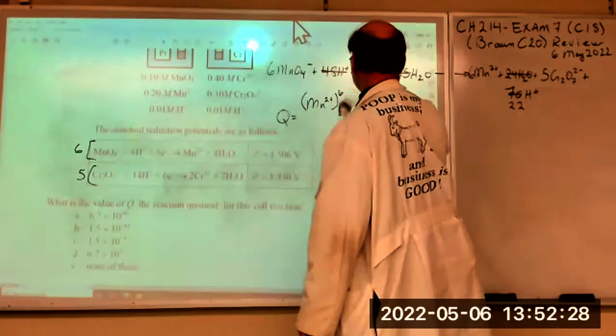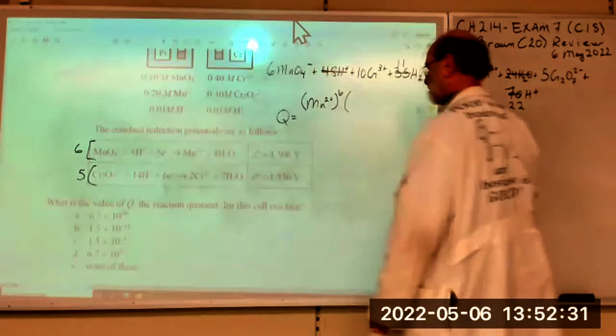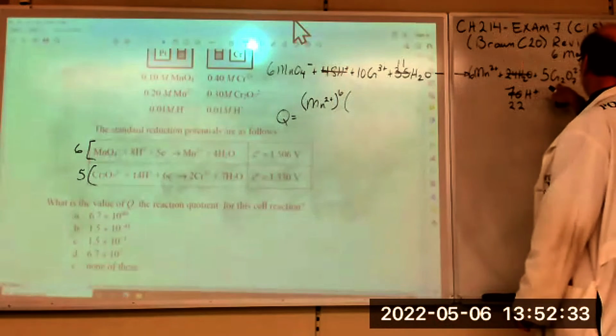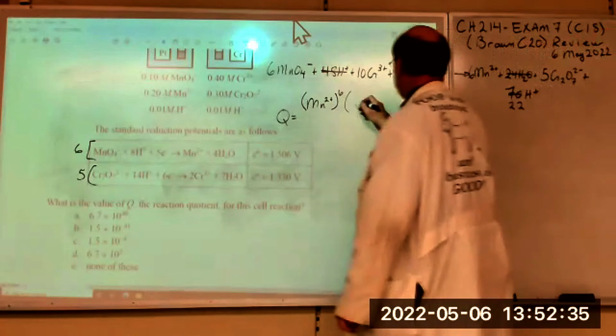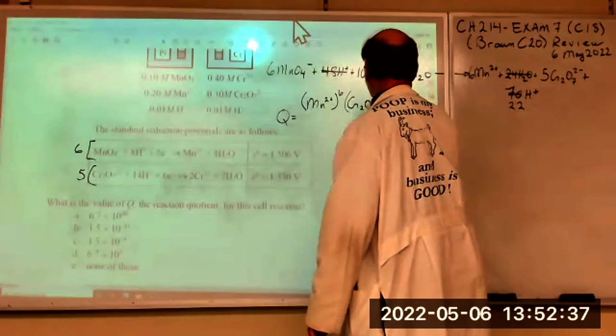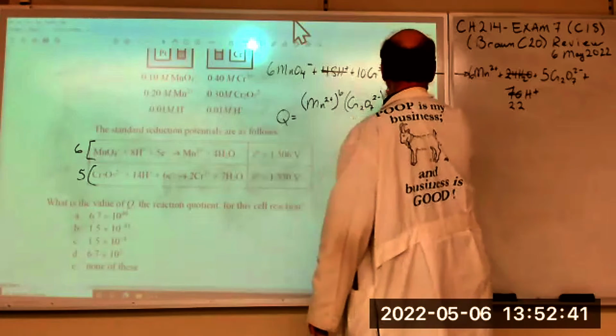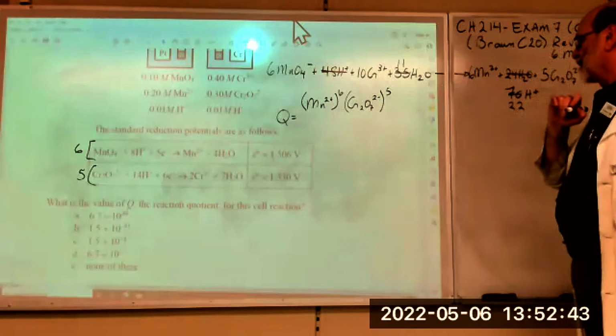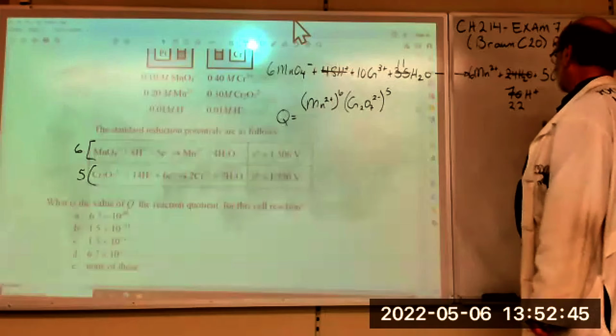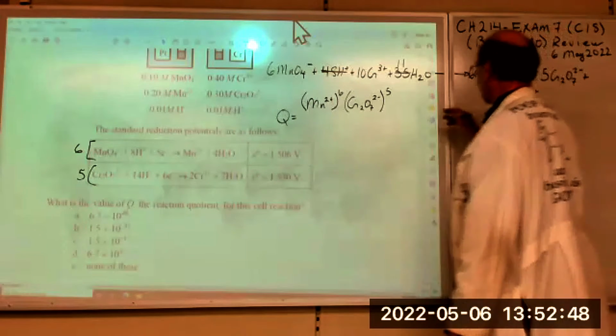And this is to the 6th power. And then this one is dichromate, to the 5th power, okay? And then hydrogen ions to the 22nd power.